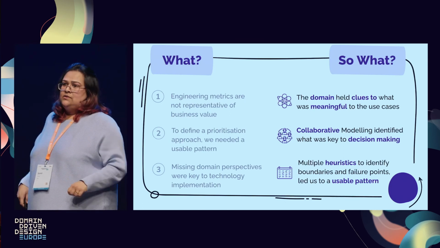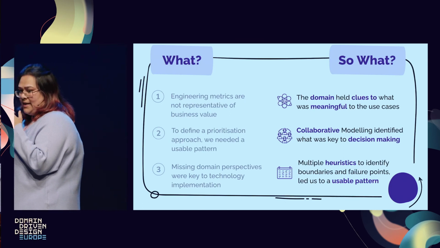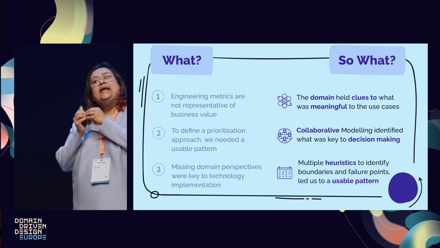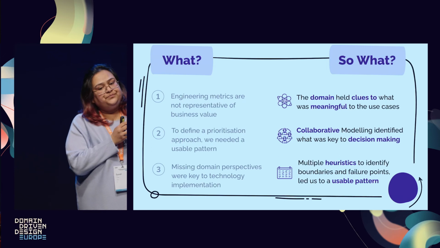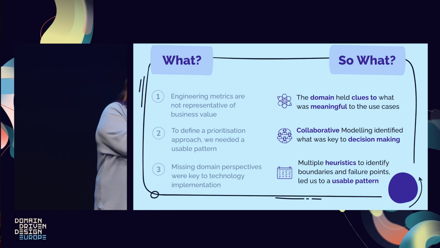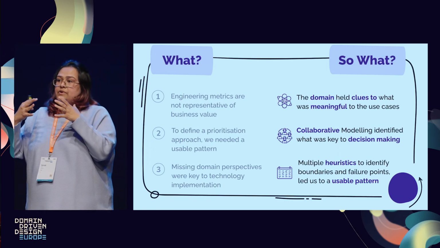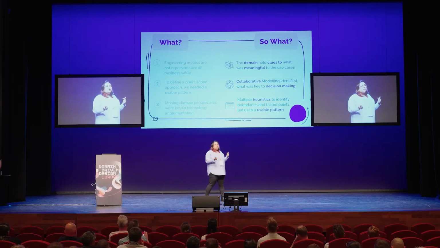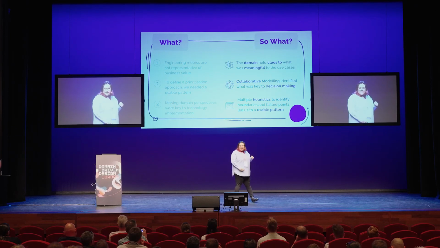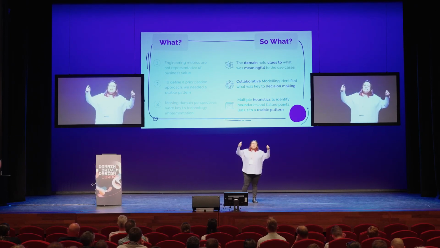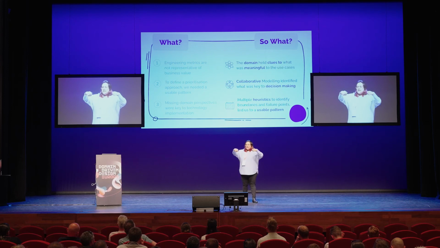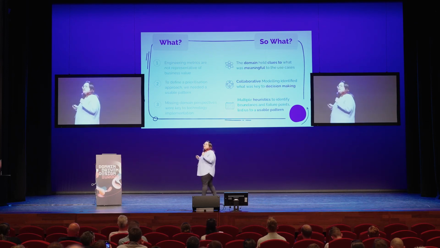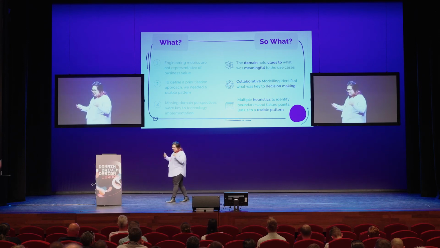And what did that mean? What that meant was that the domain was what held clues to what was meaningful. Collaborative modeling really helped us understand and identify what was important to decision making. And the fact that we used multiple heuristics, we were able to identify a usable pattern to take into an approach.